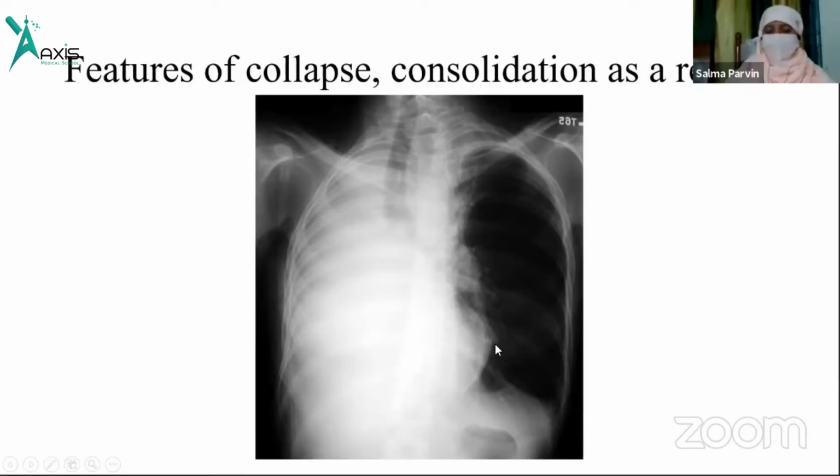The mediastinum is shifted to the right, the trachea is shifted to the right, and the whole of the right lung is dense, almost homogeneously dense, obscuring the silhouette of the right cardiac border and the right hemidiaphragm. So something else is here producing this collapse and associated consolidation and effusion.